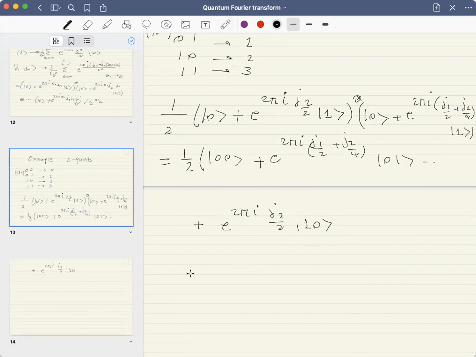That's 10. And finally, I have e to the 2 pi i times J1 over 2 plus J2 over 4, like 1/2 plus 1/4, or J2 times 3/4.